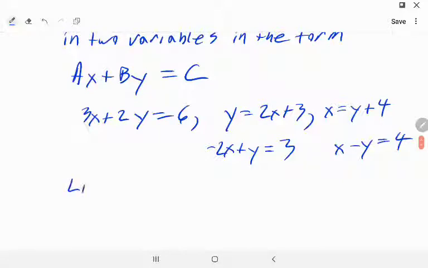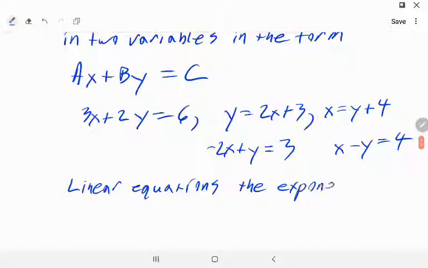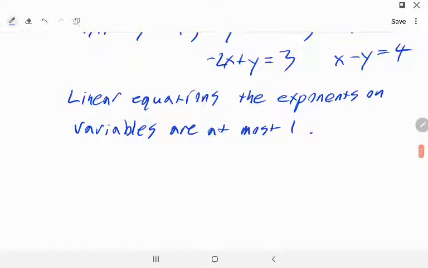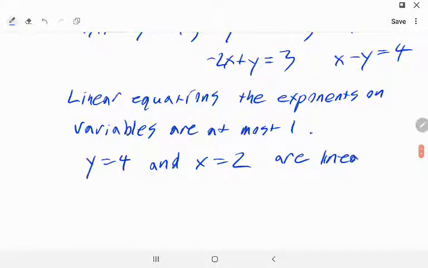So for linear equations, the exponents on variables are at most 1. Technically we could say y equals 4 is a linear equation and x equals 2. These are both linear equations, and we'll talk about those a little bit later.